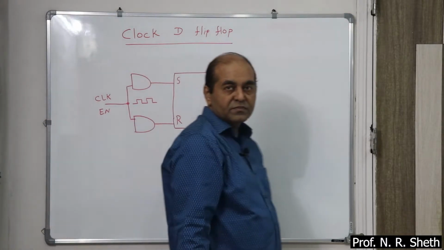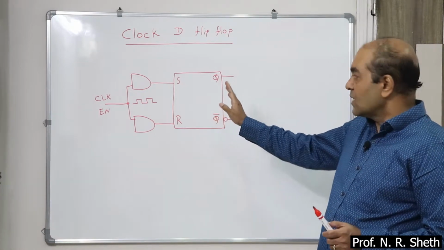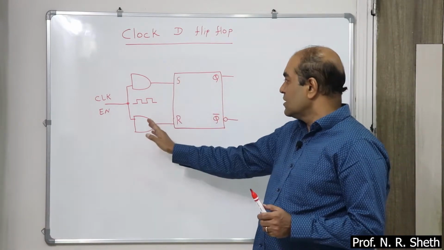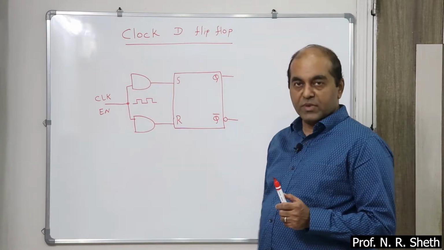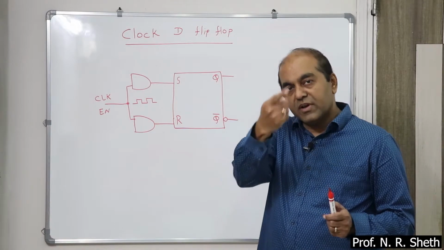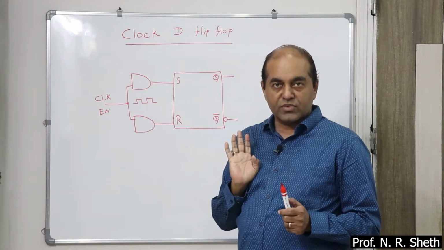Right? So up to this the circuit is the same. SR, AND gate, clock pulse. Now in the previous one, here there is the S input, here there is the R input.